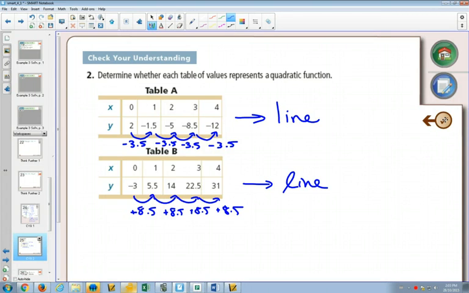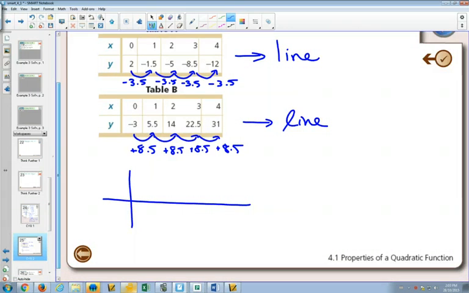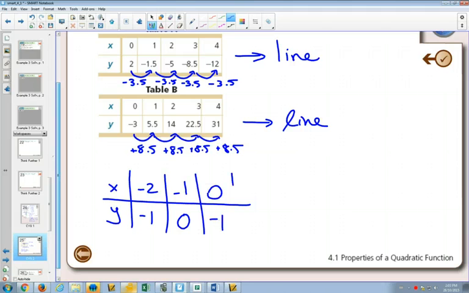Okay? In order for a table of values to show a quadratic equation, I'll make one that works here. X and Y. Okay?